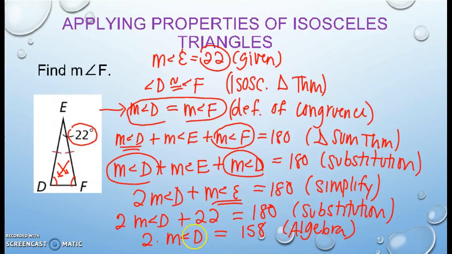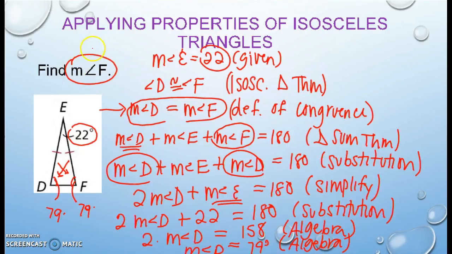And using more algebra, I can divide both sides by 2, which tells me that the measure of angle D is equal to 79 degrees. So that's more algebra. So if D measures 79 degrees, then we know angle F also has that same measure. So this measure here is equal to 79 degrees.